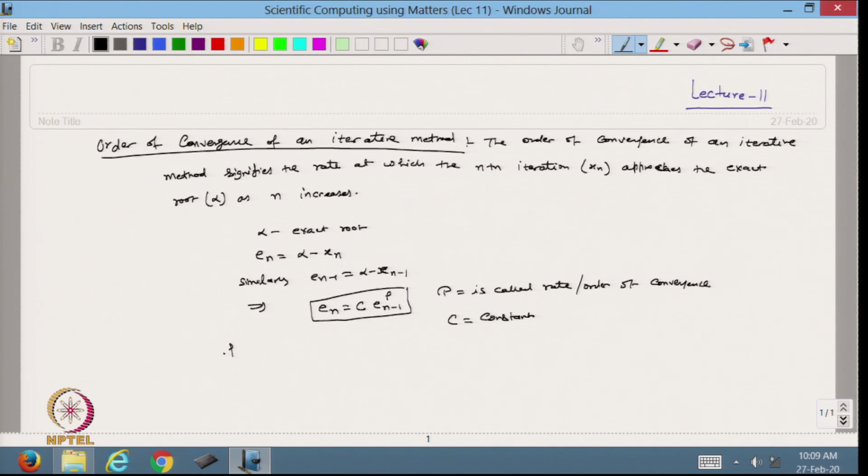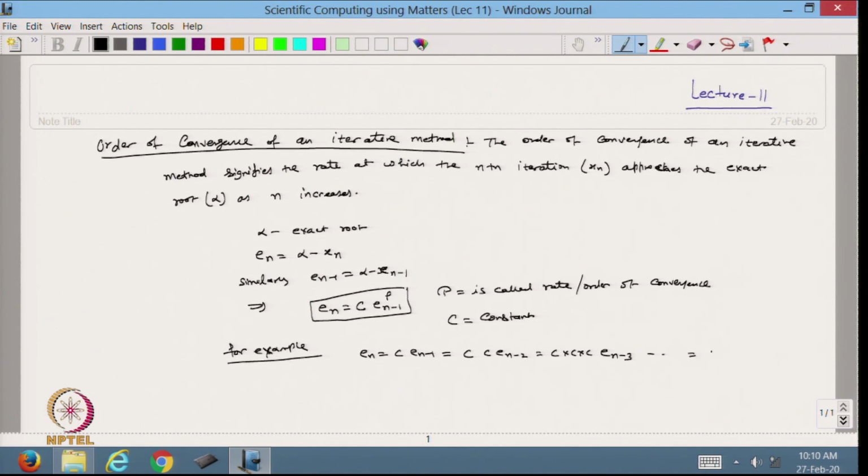For example, suppose in a method I get En is equal to some constant c times En minus 1. It means whatever the error value was at the n minus 1 step, I just multiply by c and I get the error here. This I can write as c times c E n minus 2, and again as c into c into c E n minus 3 and so on.